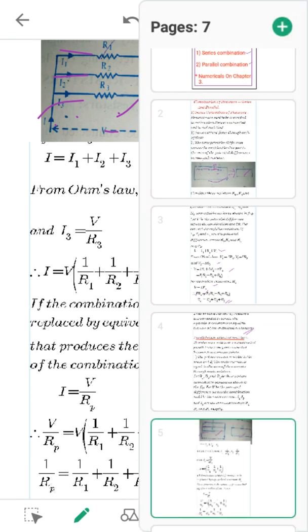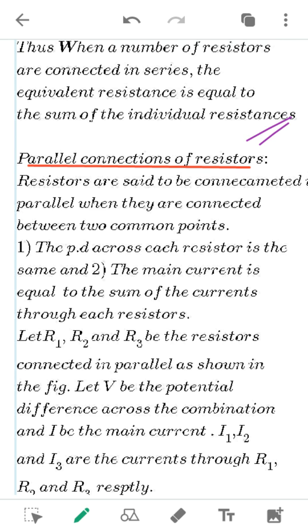Now let us see what is meant by parallel combination. Resistors are said to be connected in parallel when they are connected between two common points. The potential difference across each resistor is the same, and the main current is equal to the sum of the currents through each resistor. Let R1, R2 and R3 be the resistors connected in parallel as shown in the figure.